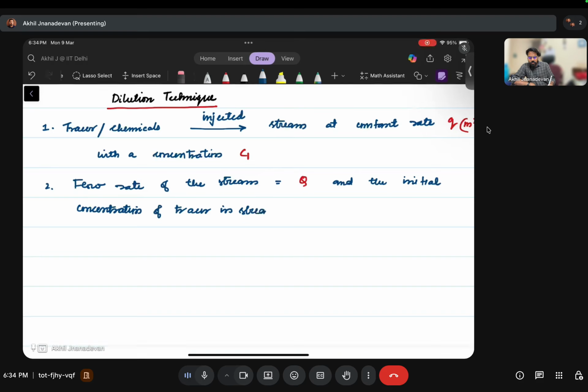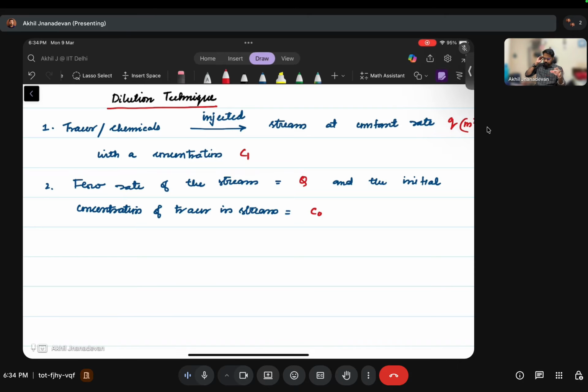So these tracers are nothing but some sort of chemicals, right? So there can be a chance that some concentration was already there in the stream. So we are taking it as C naught. C naught is the concentration of the chemical that was already there within the stream.